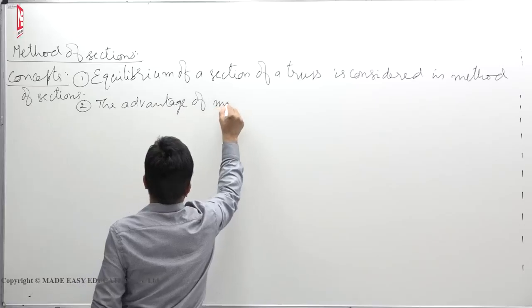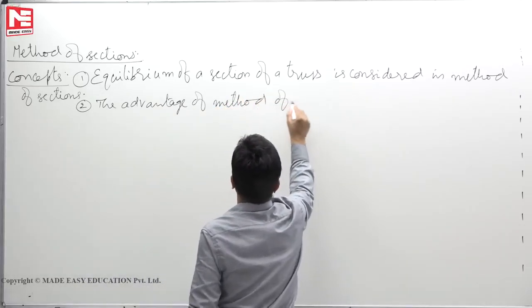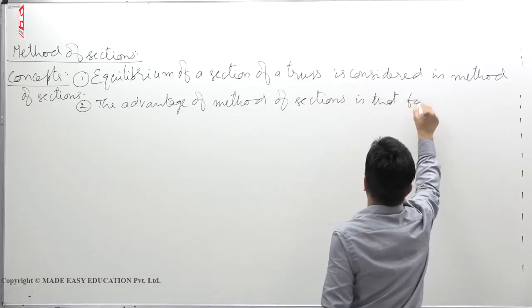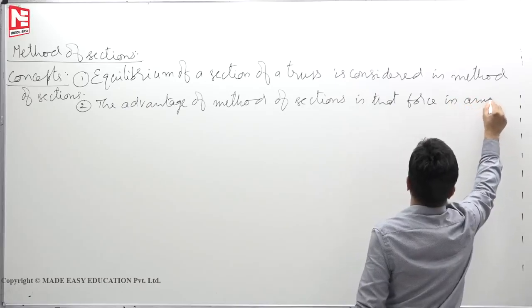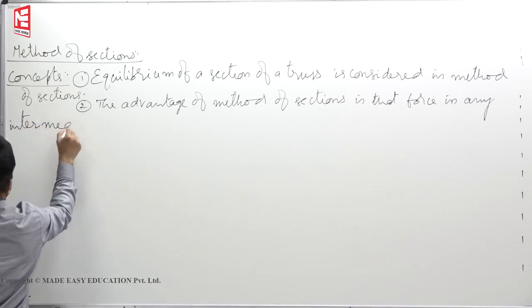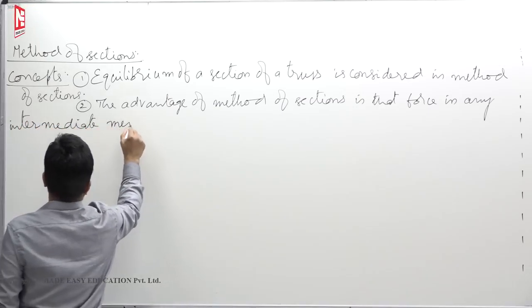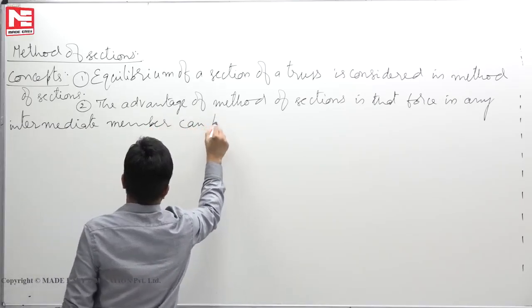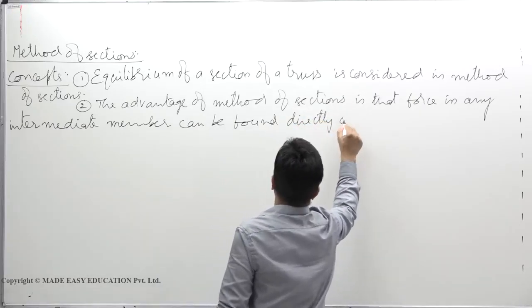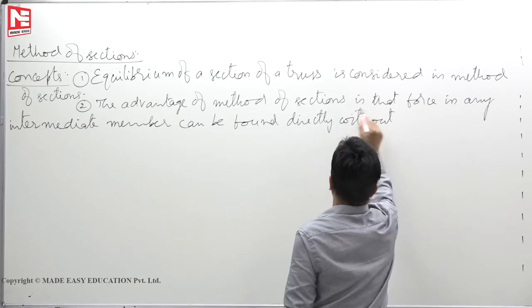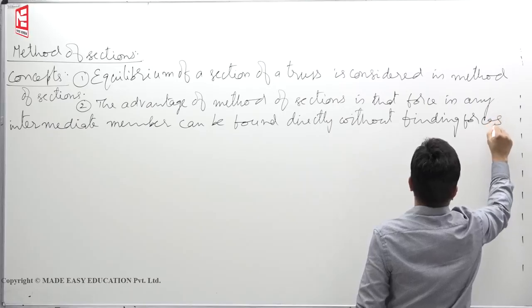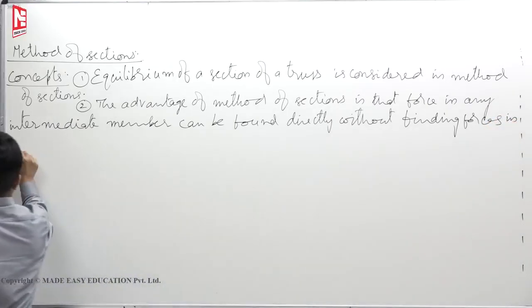The advantage of method of sections is that force in any intermediate member can be found directly without finding forces in any other members.